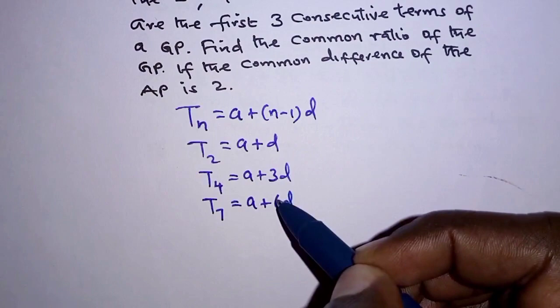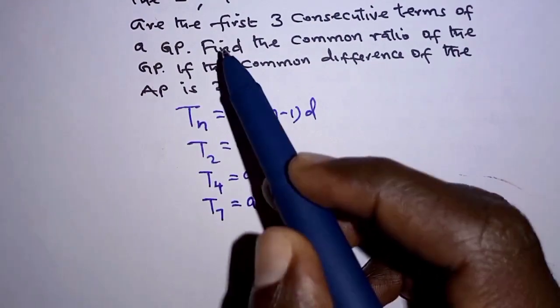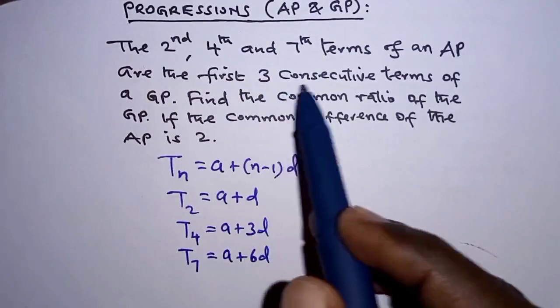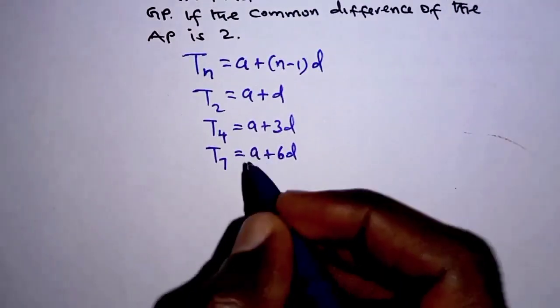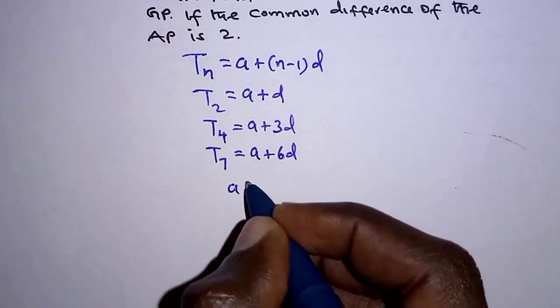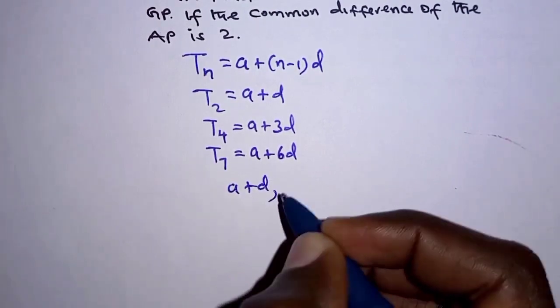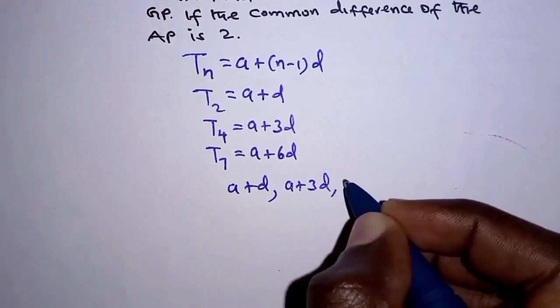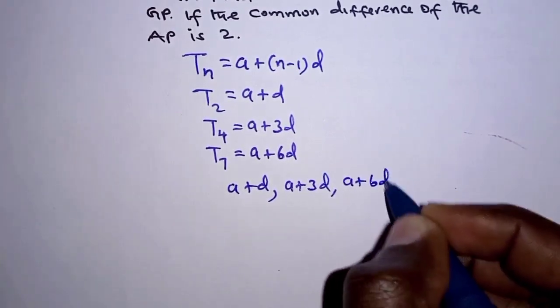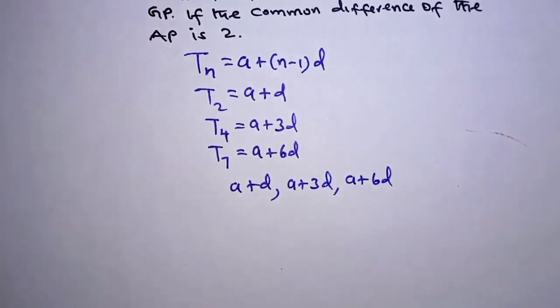So these terms of an AP form the first three consecutive terms of a GP. So we have A + D as the first term, A + 3D the second term, and A + 6D the third term.